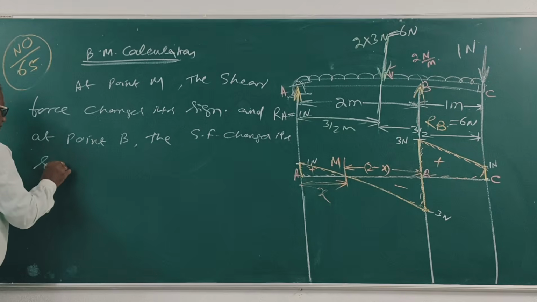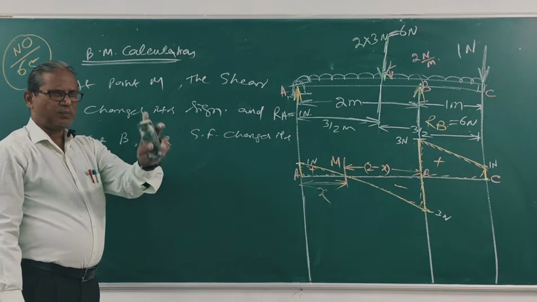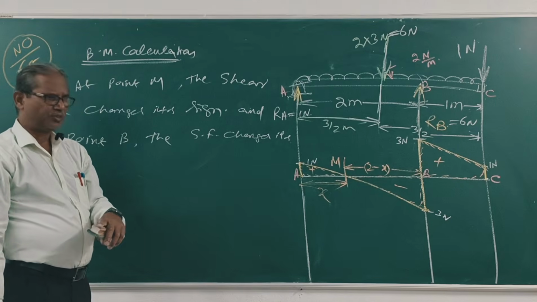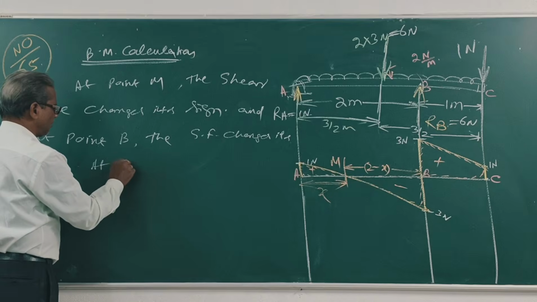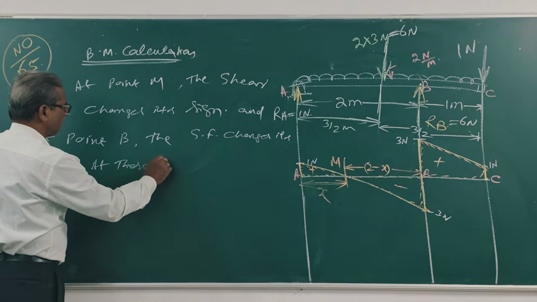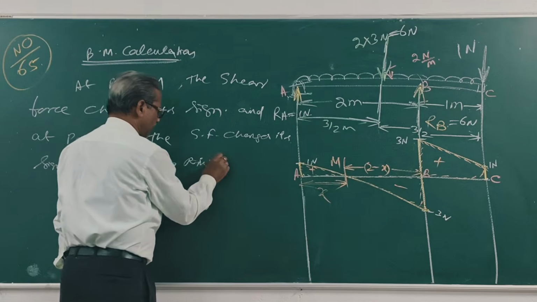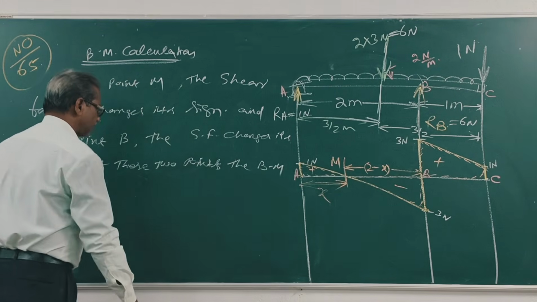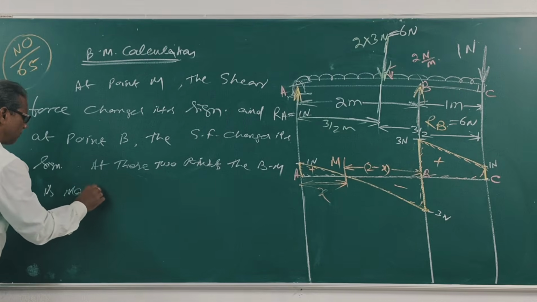Clear? At M and at B, at both these points, the BM is maximum. It may be positive maximum or negative side maximum. Clear? At these 2 points, the BM is maximum.